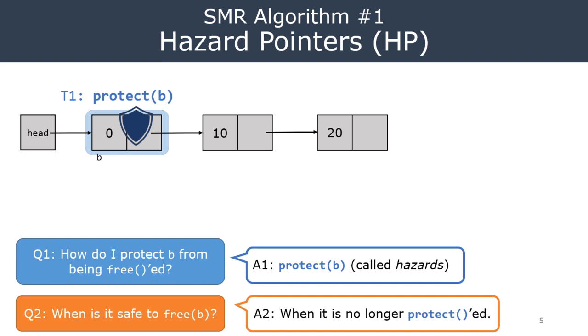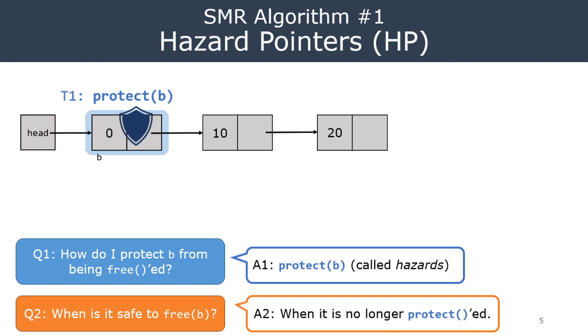It may be the case that no one protected it in the past, but even if some thread was accessing the same block B, it is guaranteed that that thread has finished its operation and the block B is no longer accessed, provided that the lists of protected pointers of all the threads do not contain the block B. If a protected pointer list contains the block B, it effectively means that the block B may be concurrently accessed by the other threads.